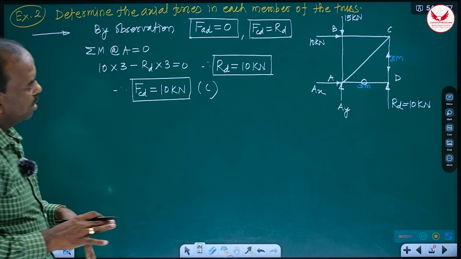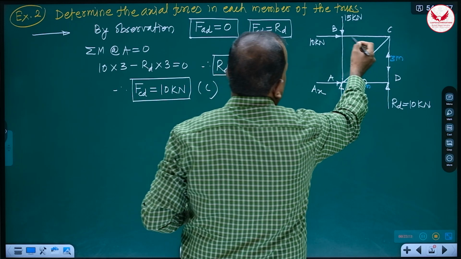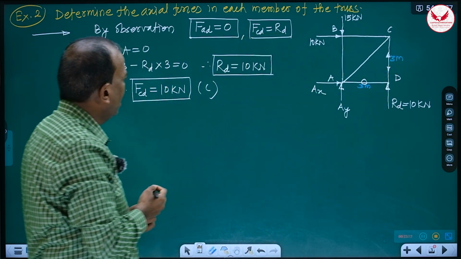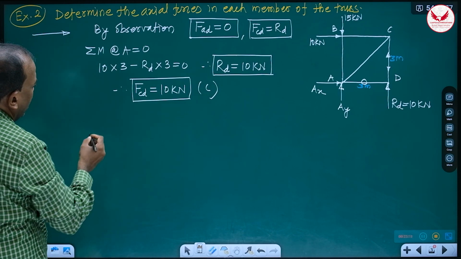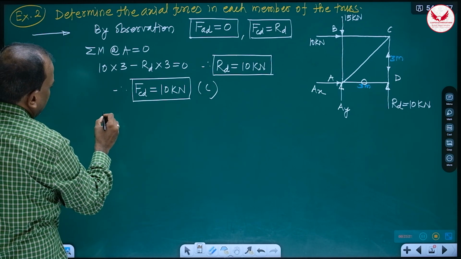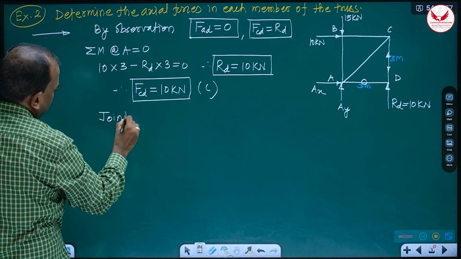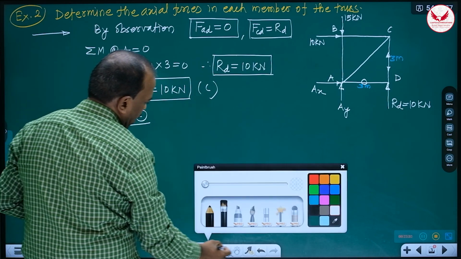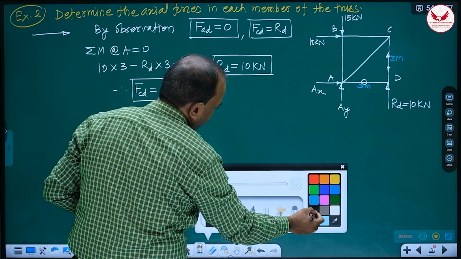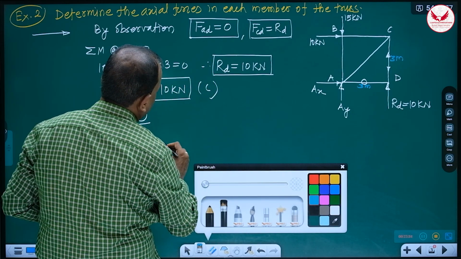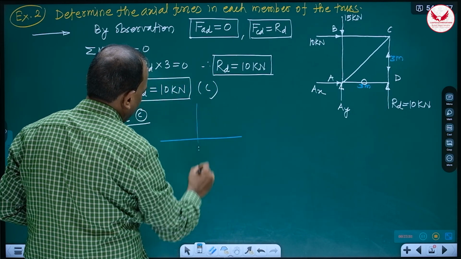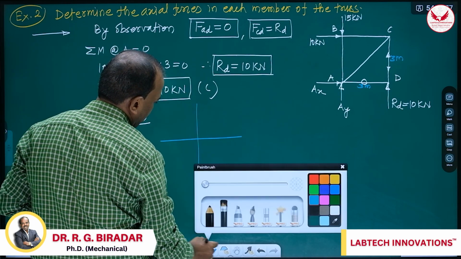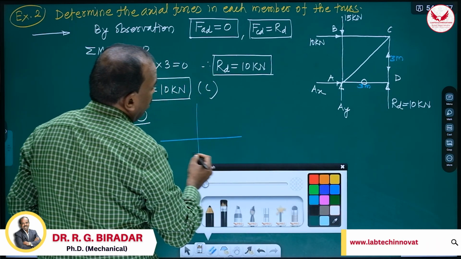See, after the free body diagram, simply by observation and by knowing one reaction, we got two answers, AD as well as CD. Now at C, BC and AC are unknown, means which joint we have to analyze? So we have to analyze the joint C. Again, the procedure is same. So I'll suggest draw the plus sign, light lines, and then afterwards at C, 3 members are there.